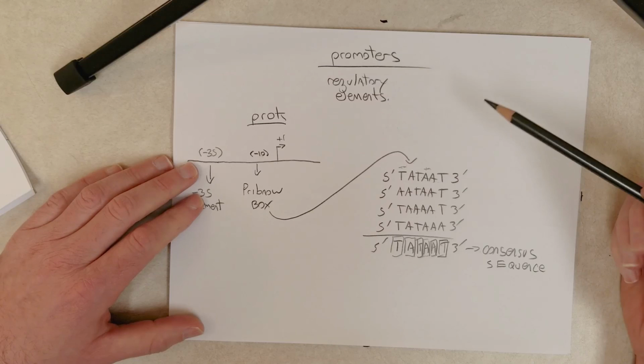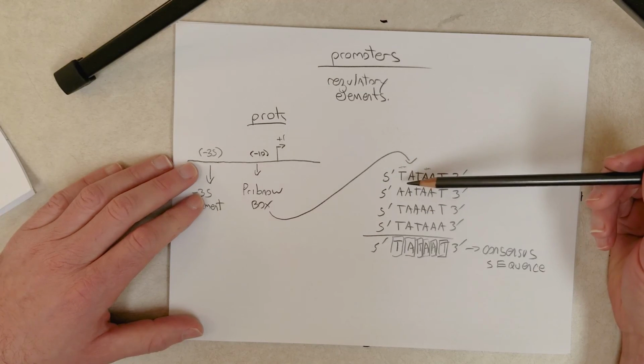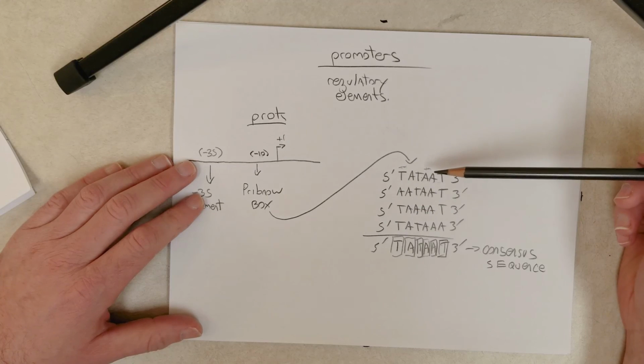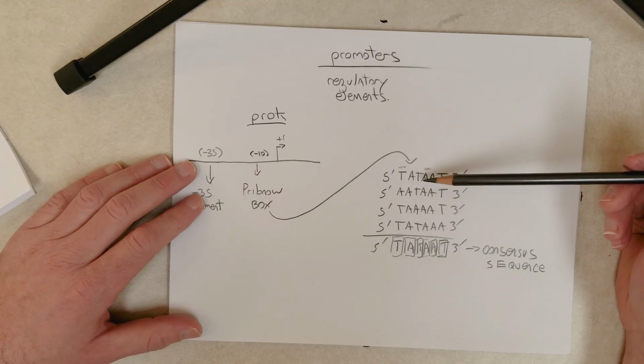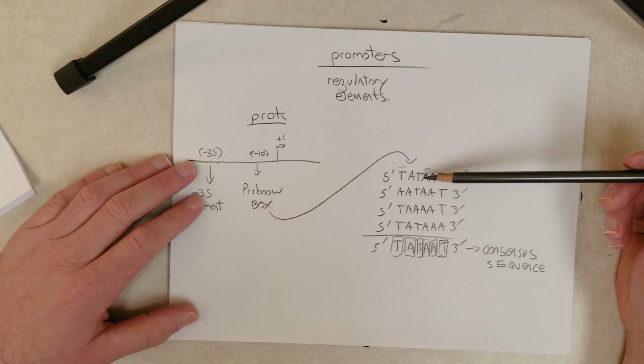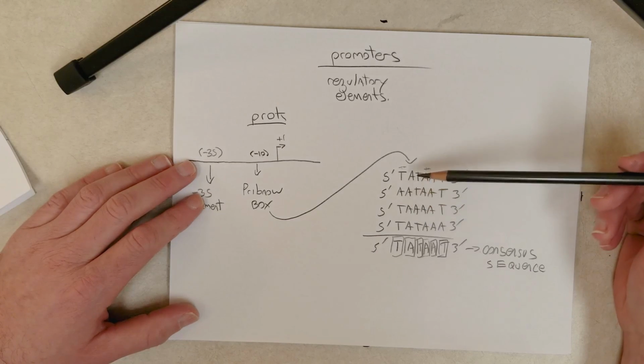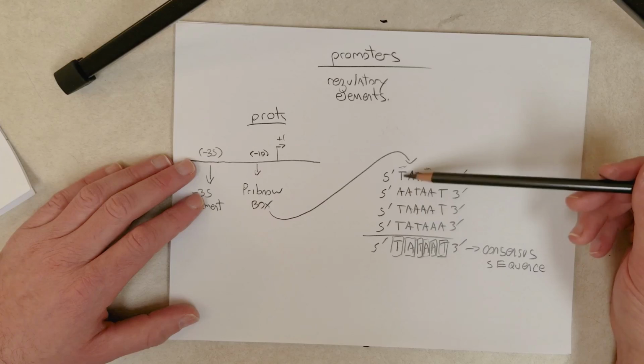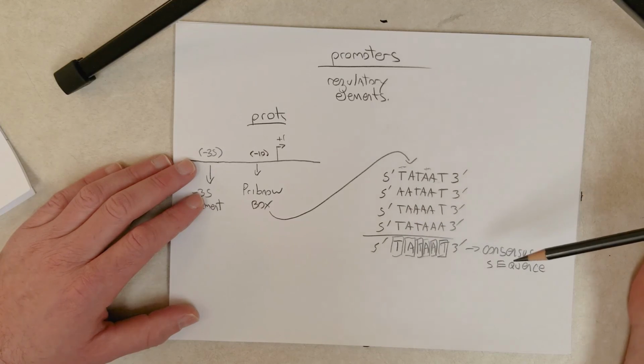If you have related sequences, related in a way that they have a similar function, it's very likely that they are evolutionarily related, because otherwise, if you compare random sequences, you wouldn't see a consensus sequence. You would see just random bases.